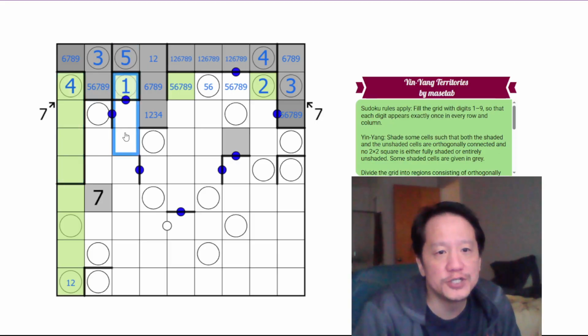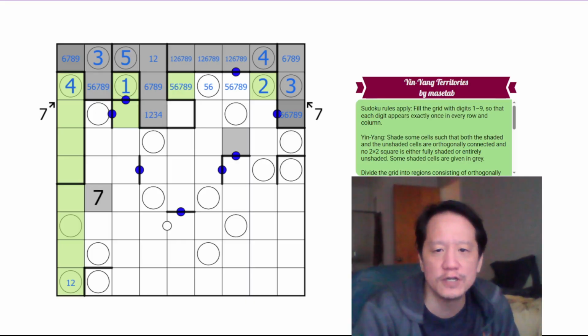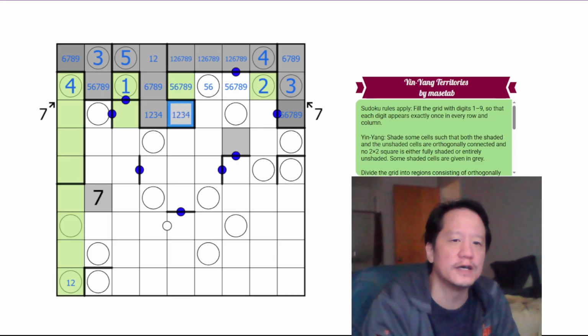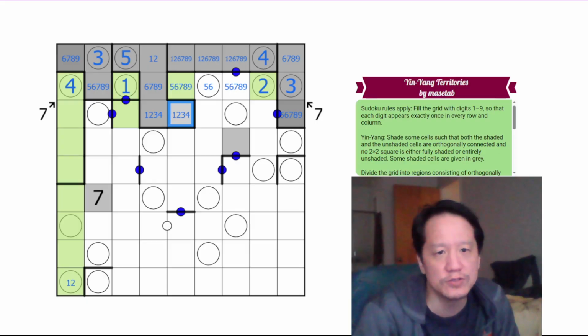This must be unshaded. Okay, so this is unshaded here because the yin-yang shading has to orthogonally connect to each other. Therefore, this is boundary there, which means this is the full region here. And again, this must be 1 through 4 to add up to 20 at most for the shaded regions. This must be unshaded, so it has to go that way.